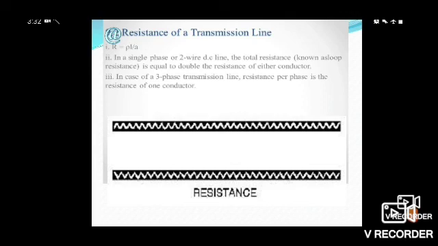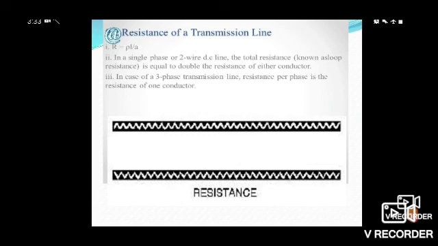We are well familiar with the formula rho L by A. That means the resistance depends upon the length of the line, the cross-sectional area and the specific resistivity of the line. Whenever these parameters change, it will affect the resistance.